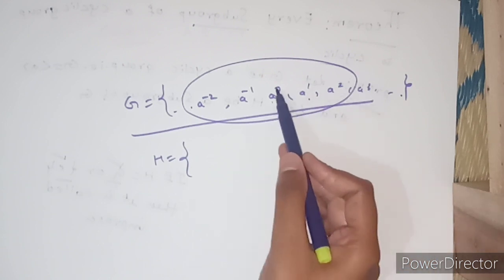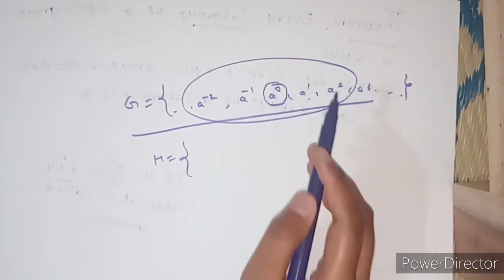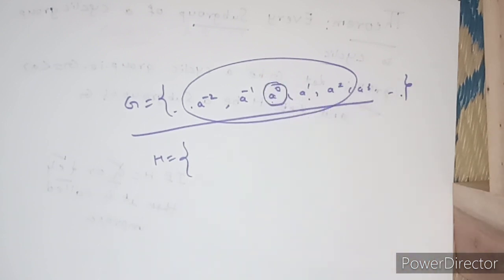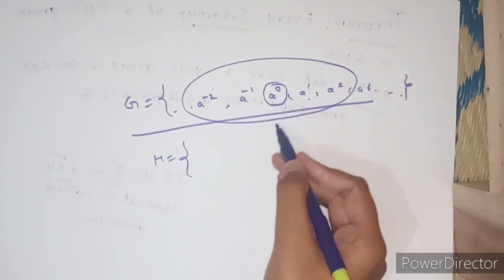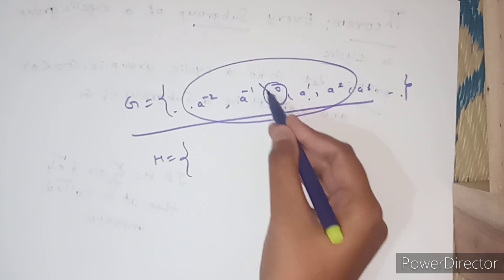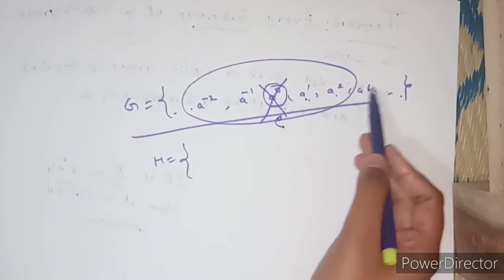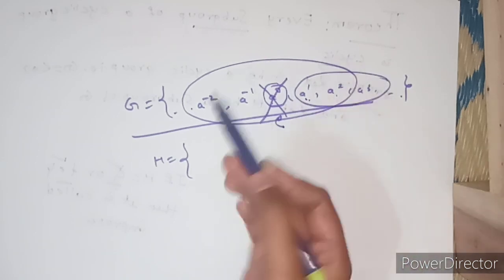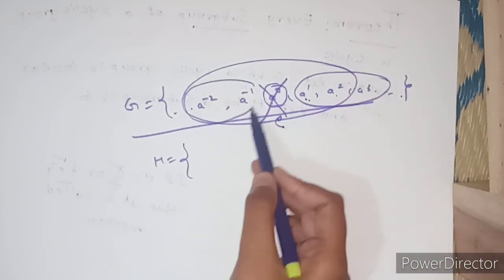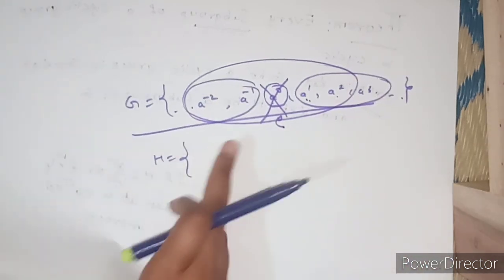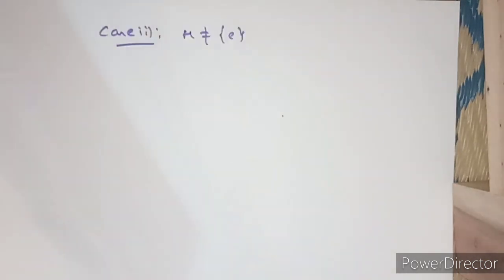In a multiplicative group, the identity element is 1, so a^0 is e. So a^1, a^2 and so on can be elements of H. So the elements of H are integral powers of a.